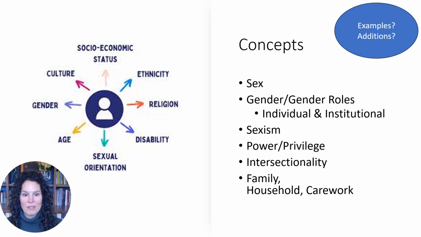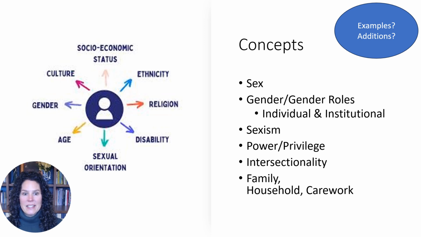Power and privilege are key constructs. So the first and second waves of feminism were really focusing on power and privilege for white women, where the third wave focused on power and privilege based on multiple social identities.